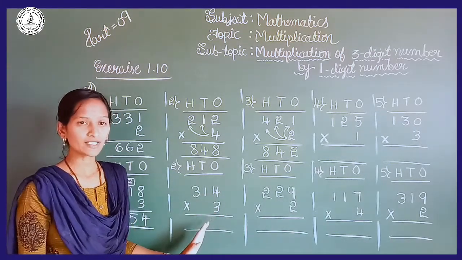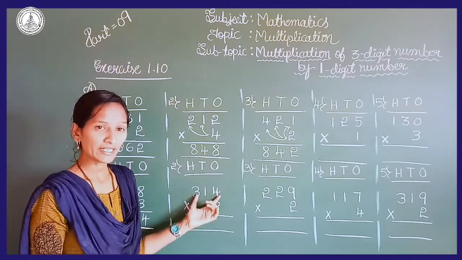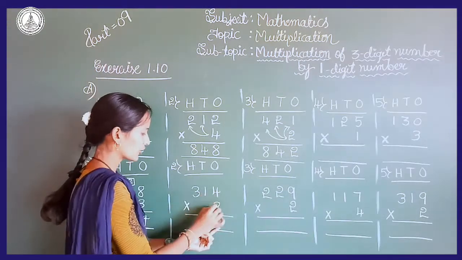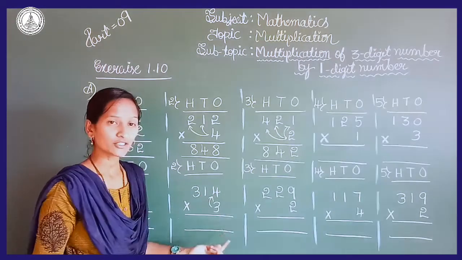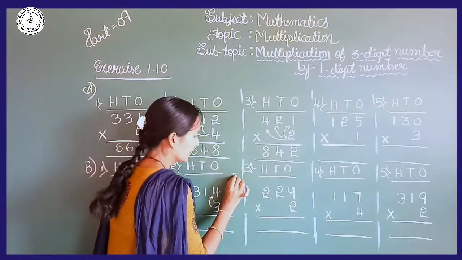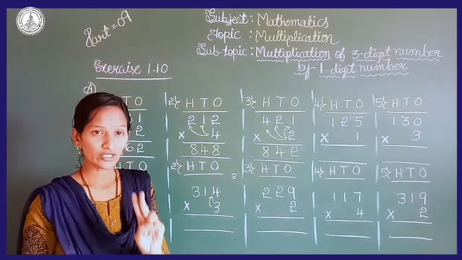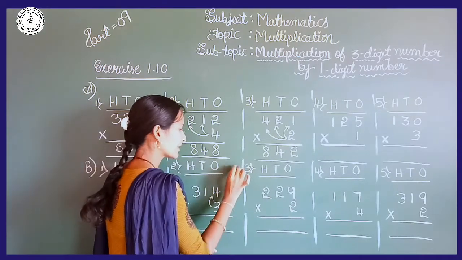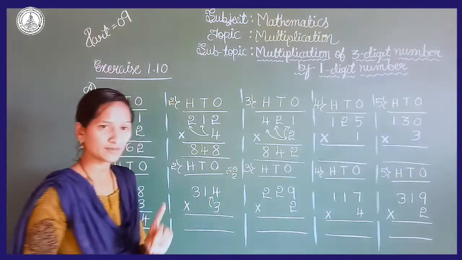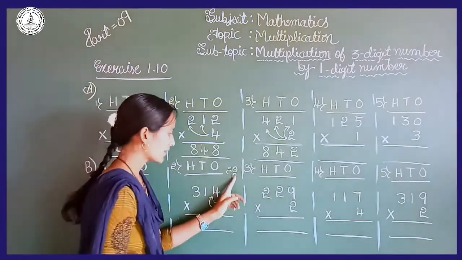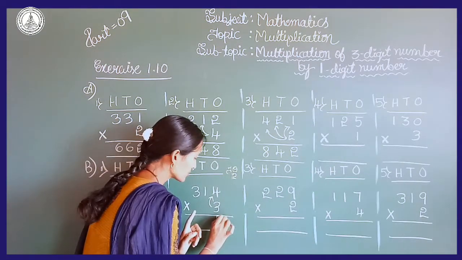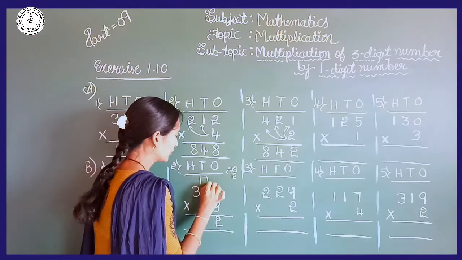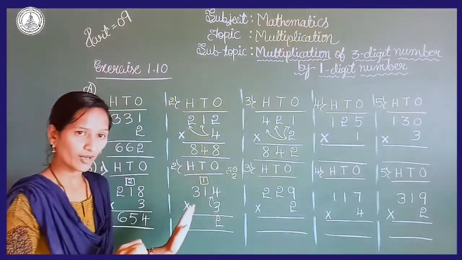So the first step is to multiply the multiplicand with the multiplier. So here 3 into 4. 3 4s are 12. Right? This 12 is a 2-digit number. But in 12, this 2 is in the ones place and 1 is in the tens place. So I am writing this 2 under the ones column and I am giving carry 1 to the tens column.